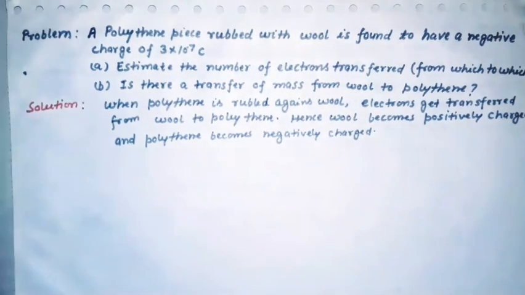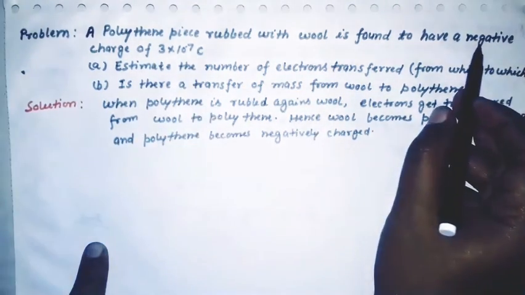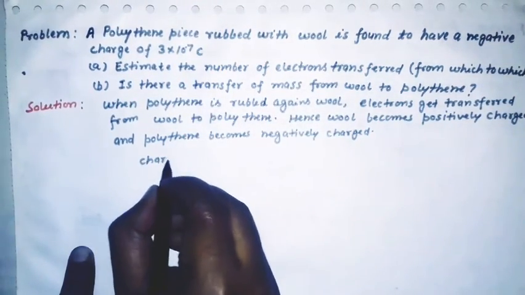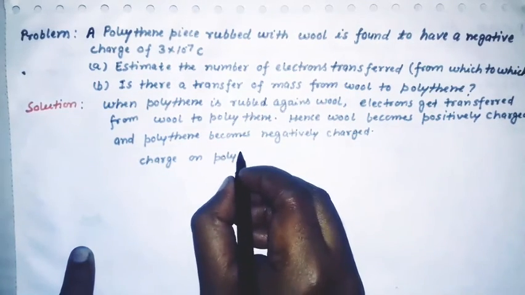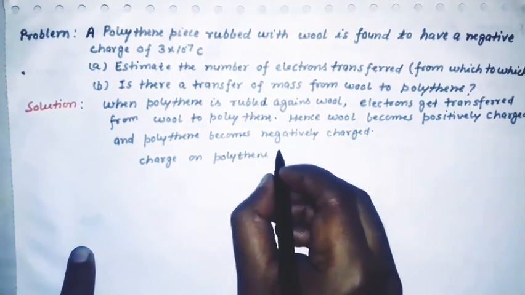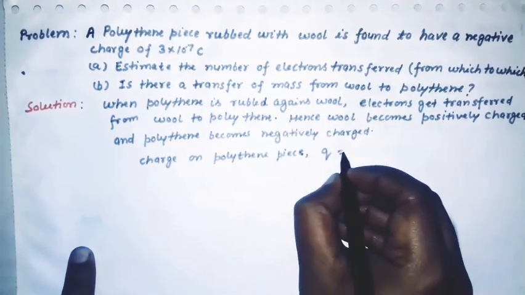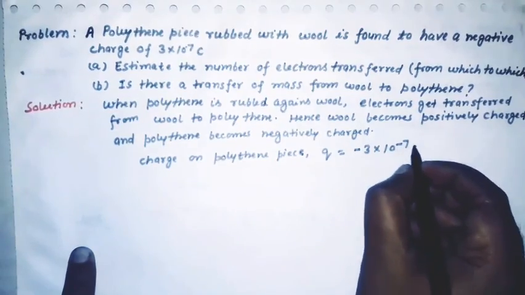So it was the concept that we have used. So amount of net charge is given, which is negative on polythene piece. So charge on polythene piece, suppose this charge is given by Q, and this is minus 3 into 10 to the power minus 7 coulomb.